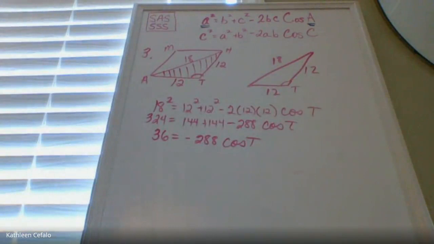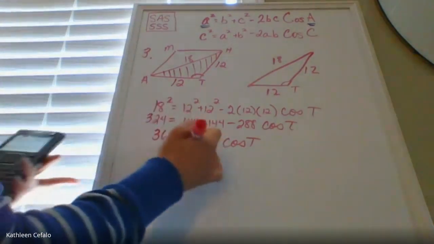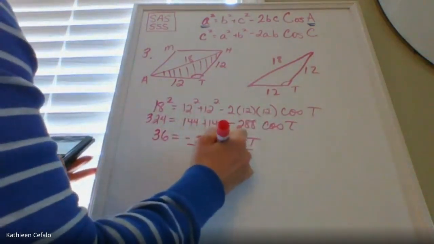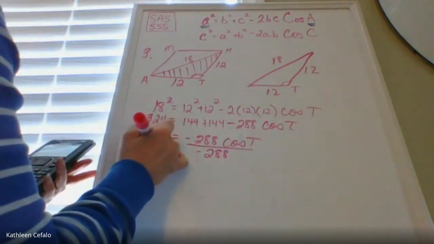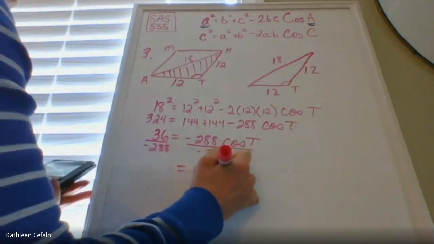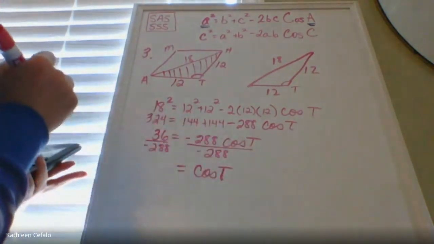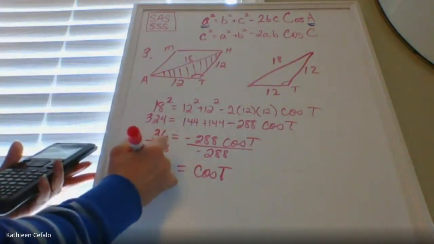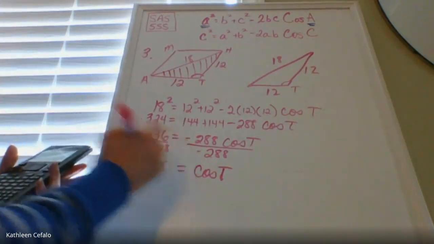Okay, so now we're back here, and again, I want to be careful with that negative, and I need to take 36 and divide it by a negative 288. So that's going to leave us with the cosine of T on this side. And when I divide that out, I get a negative 0.125.